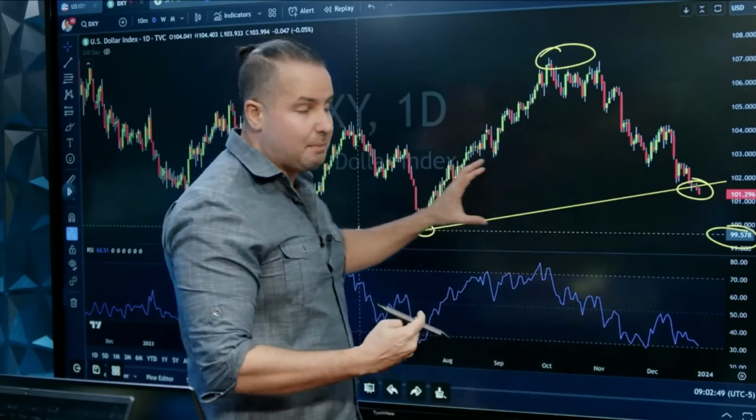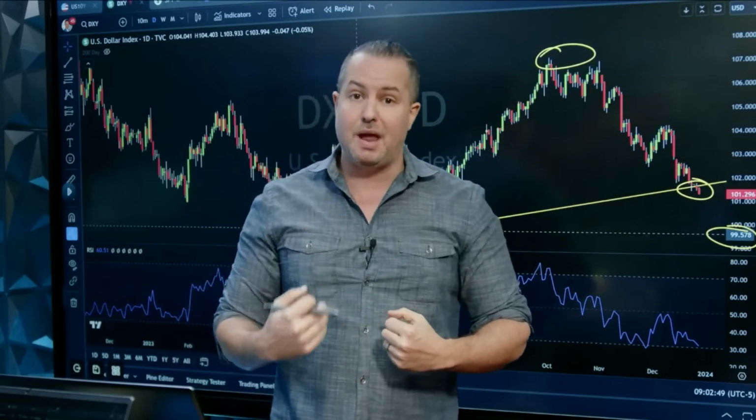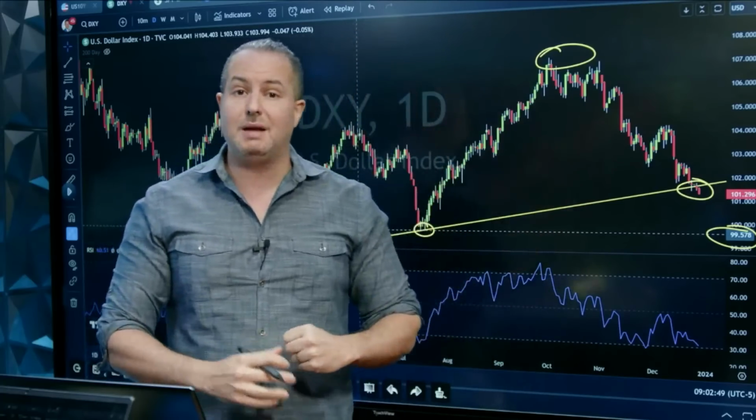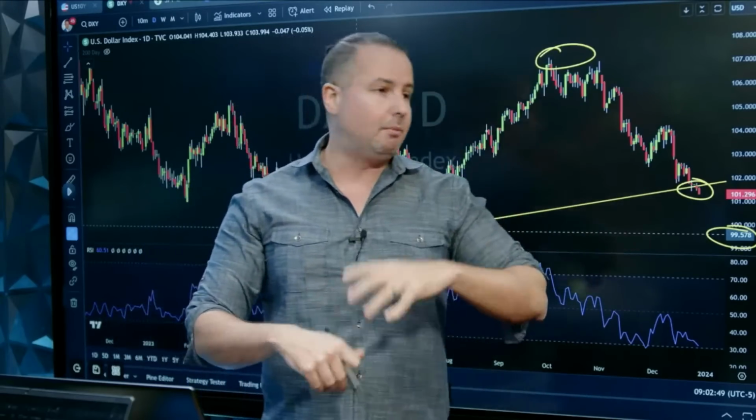And the kicker here is what we call importing inflation. Essentially what's happening is that as the dollar's value declines and we buy goods from other countries around the world and import goods, we now have to pay more money for those goods. So instead of being $10, it might be $11 to buy that same widget that you bought from, let's say, China or somewhere else around the world.